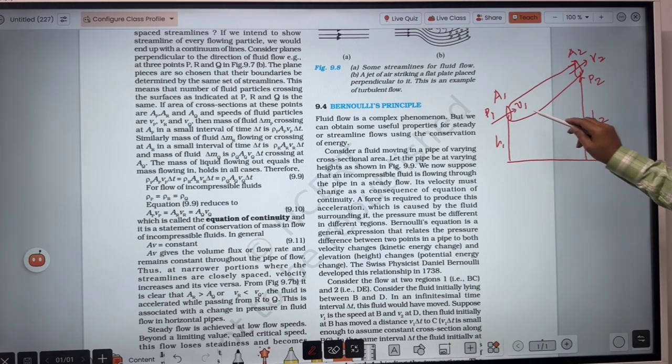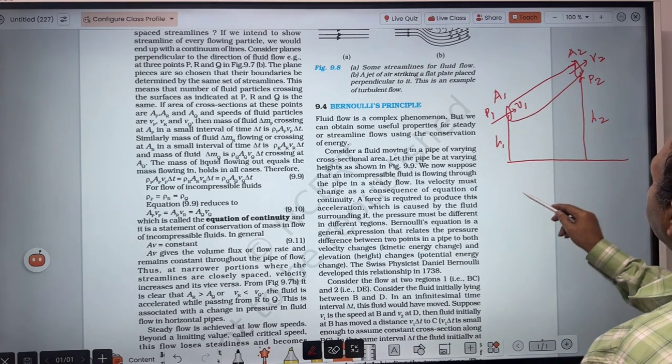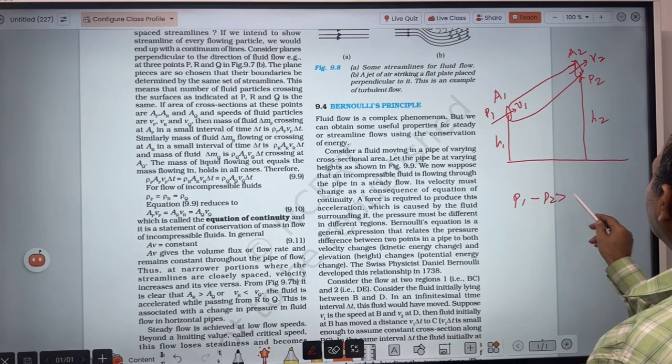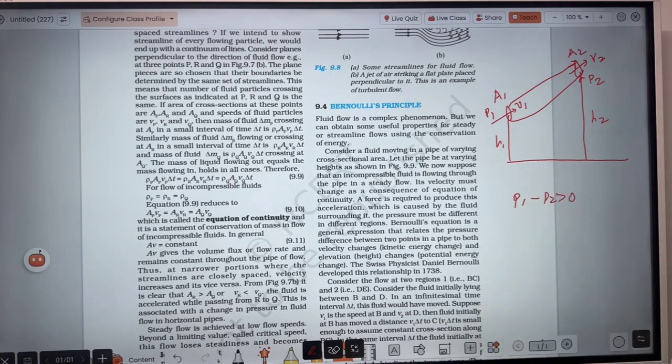Now P1 minus P2 is greater than 0. So due to the pressure difference, liquid will move and some work will be done, and that work done will be the change in energy.